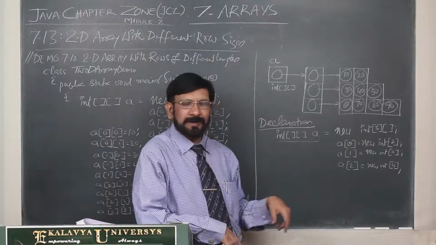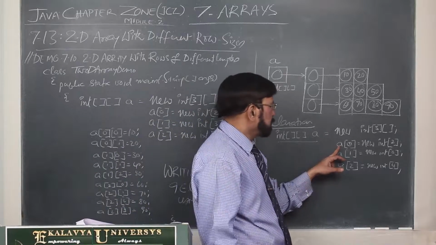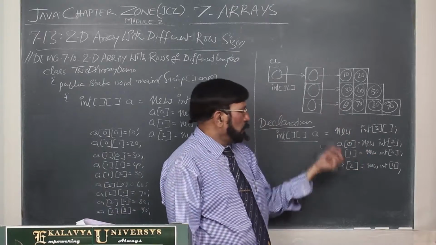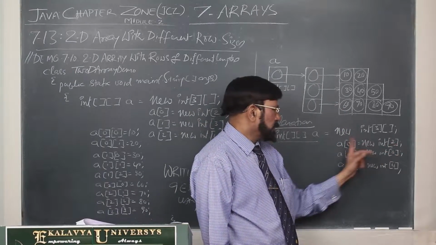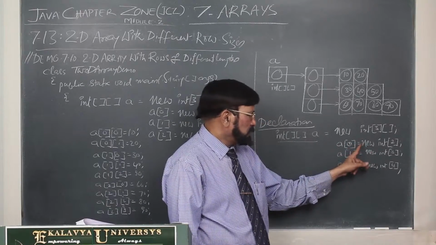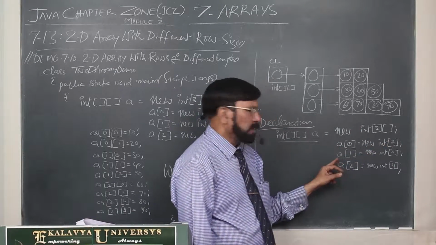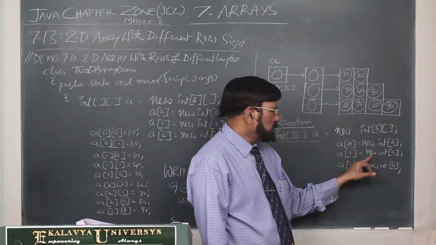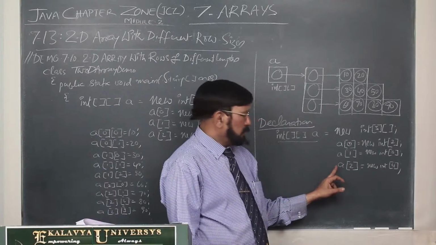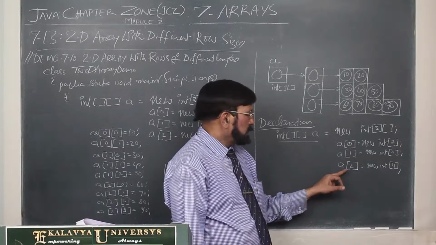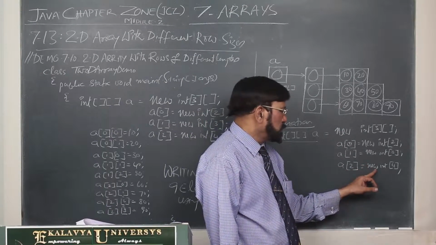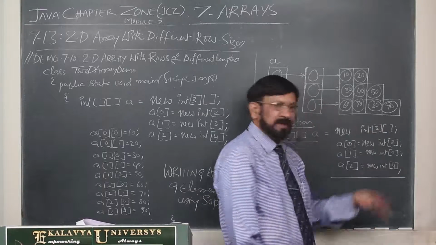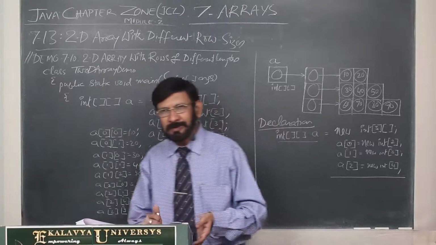You have to do it separately using this syntax. Now you see, first row column size is 2. A0 is equal to new int[2]. Next, this is 3. A1 is equal to new int[3]. Next one, third one, A2 is equal to new int[4]. This is the model. Even if it is lengthy, there is no other alternative.